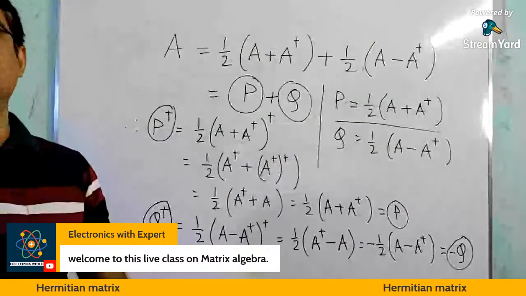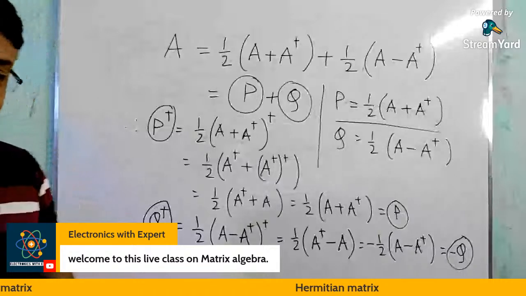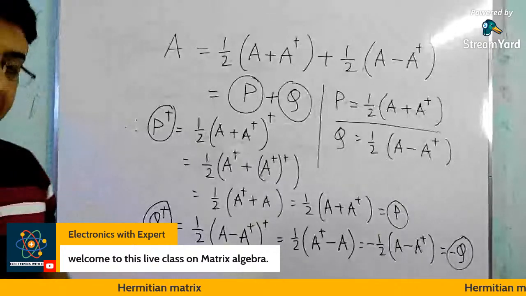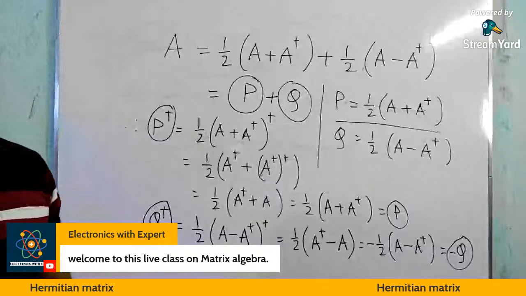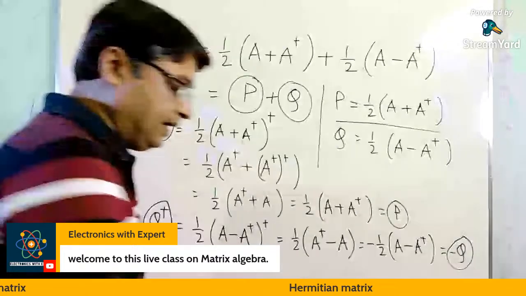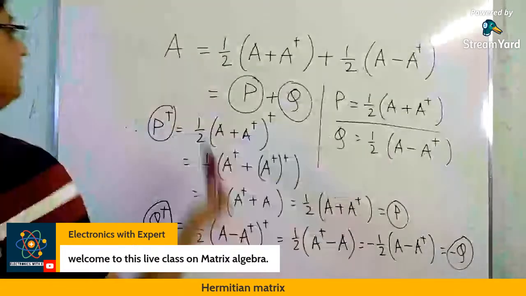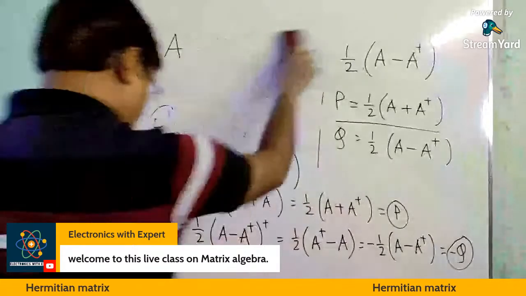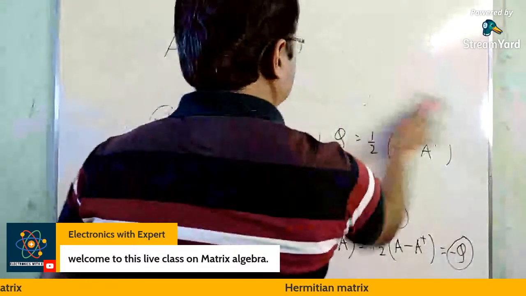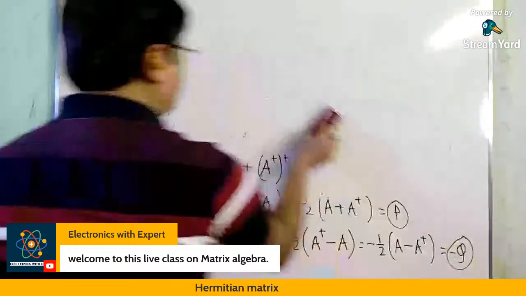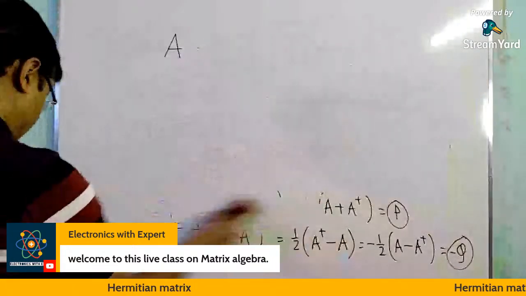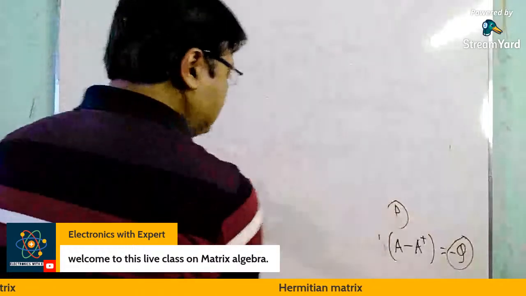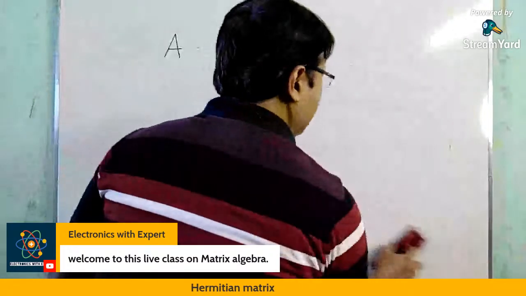Now next, moving on to our second problem. The second problem says that if A and B are Hermitian, then show that AB plus BA is Hermitian and AB minus BA is skew Hermitian.